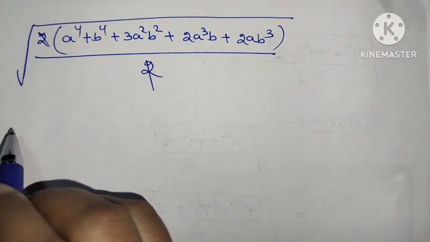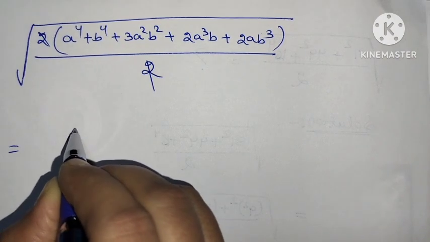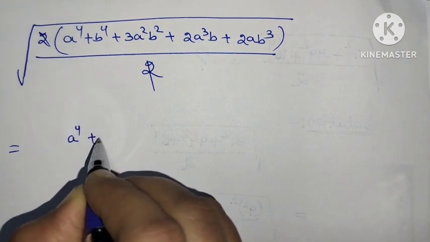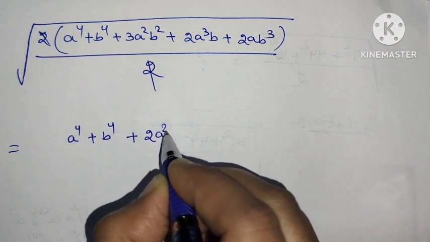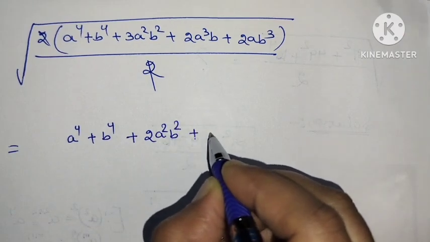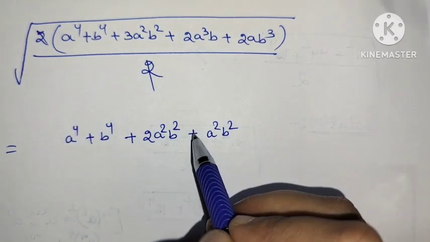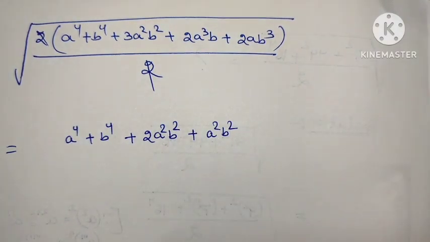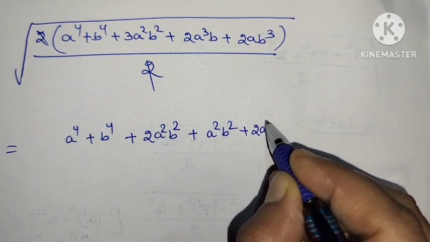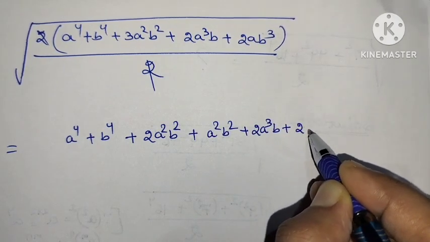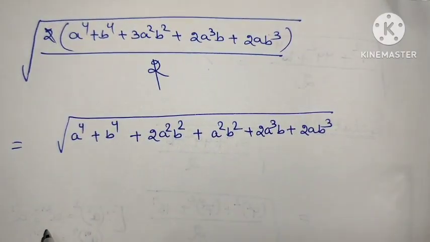Then the next step is A^4 plus B^4 plus 2A square B square plus A square B square. We split 3A square B square into 2A square B square plus A square B square, plus 2A cube B plus 2AB cube, root over.